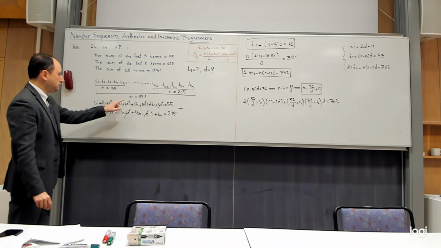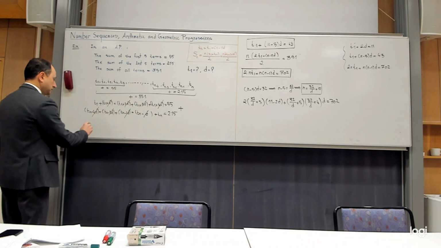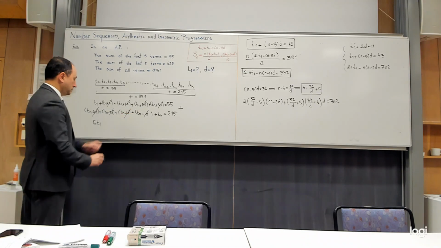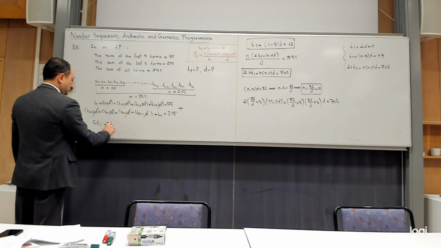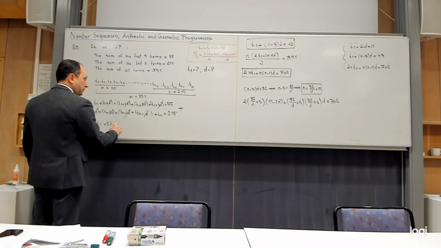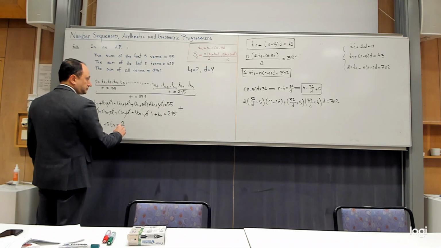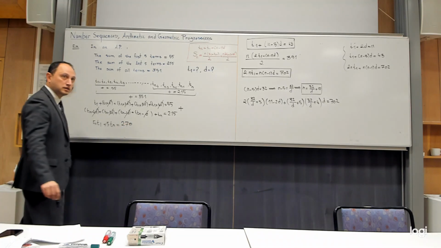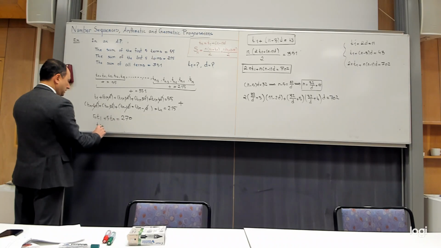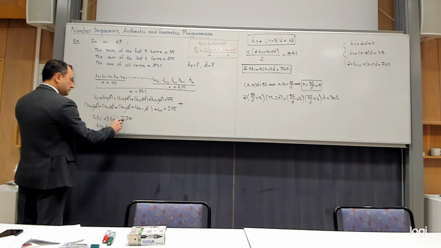T1, T1, T1, T1, T1, 5 of them. Yes, Tn, Tn, Tn, Tn, and Tn, 5 of them. Yes, is equal, if I add these together, it becomes how much? 270. Yes? And I divide everything by 5, so it becomes T1 plus Tn is 54.